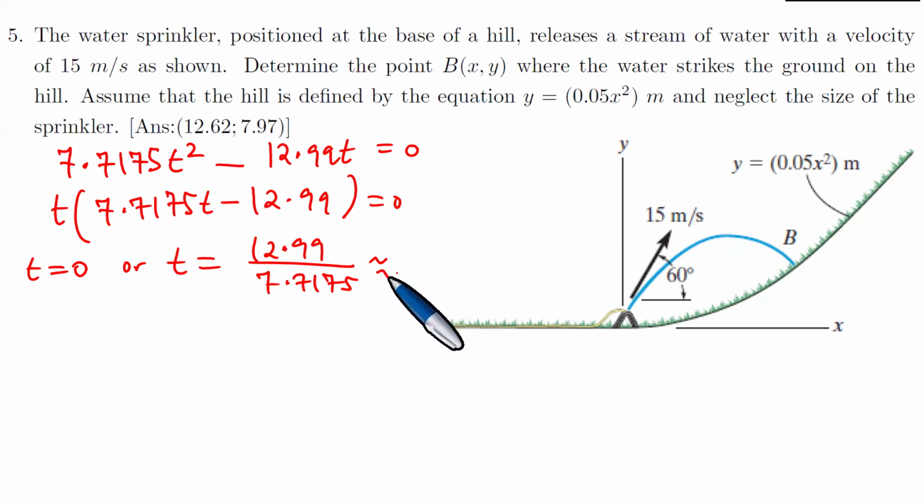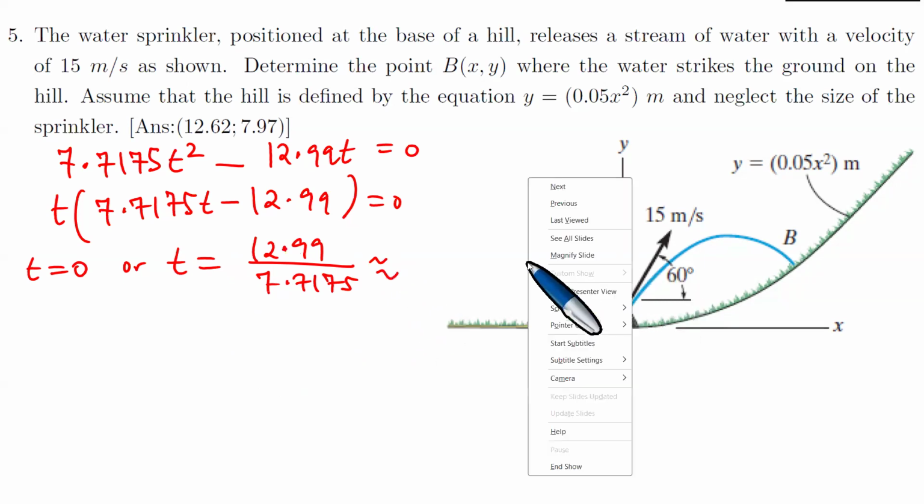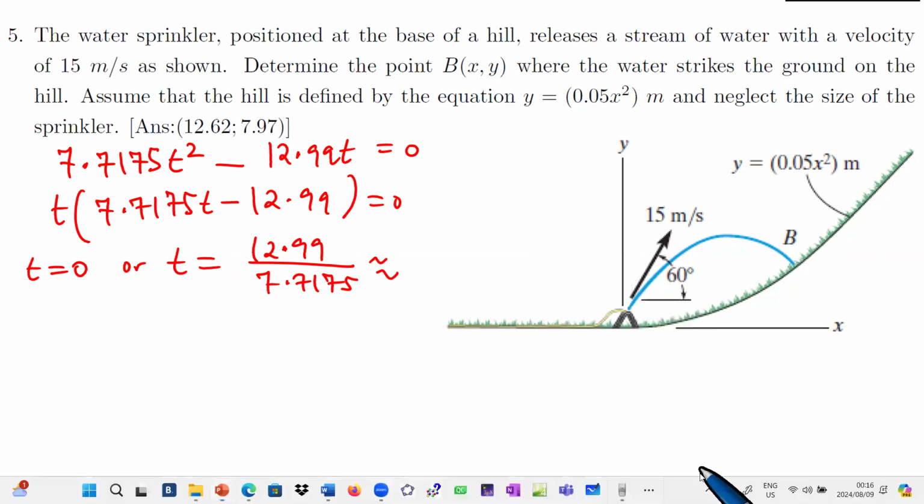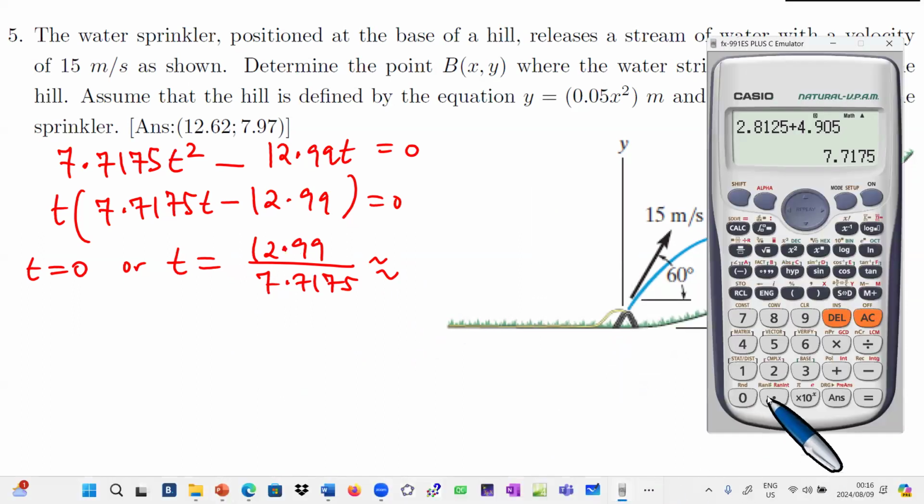We shall use a calculator to get the time here: 12.99 divided by 7.7175.